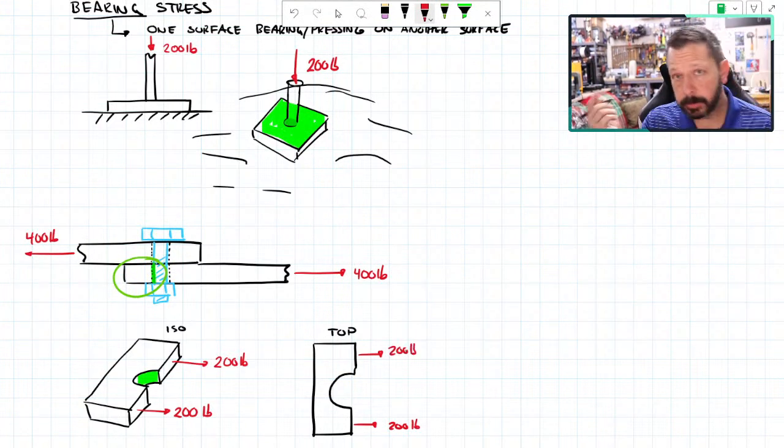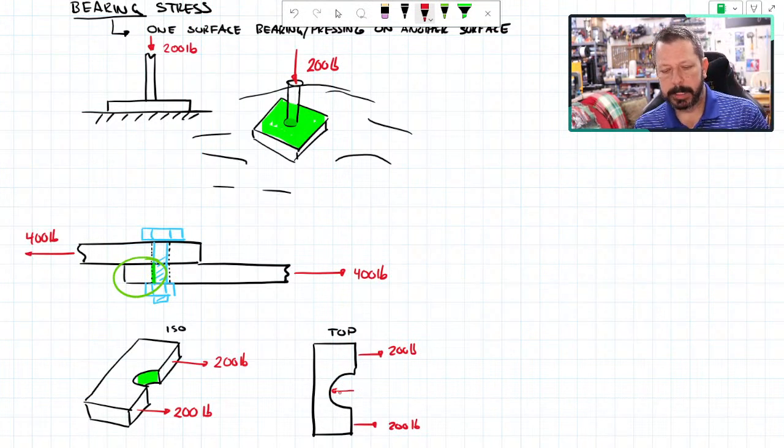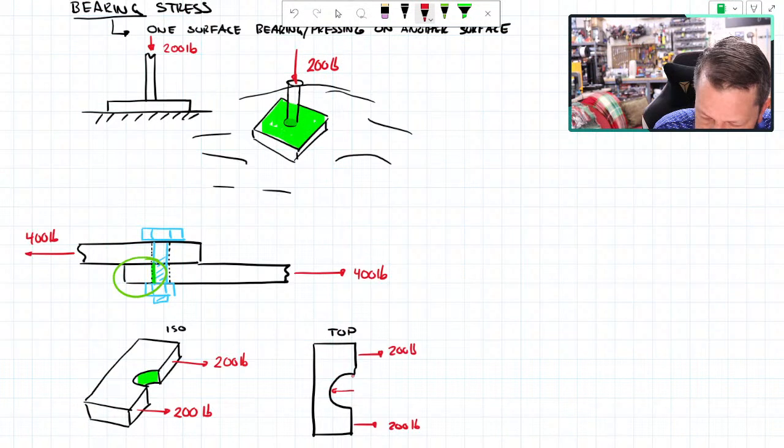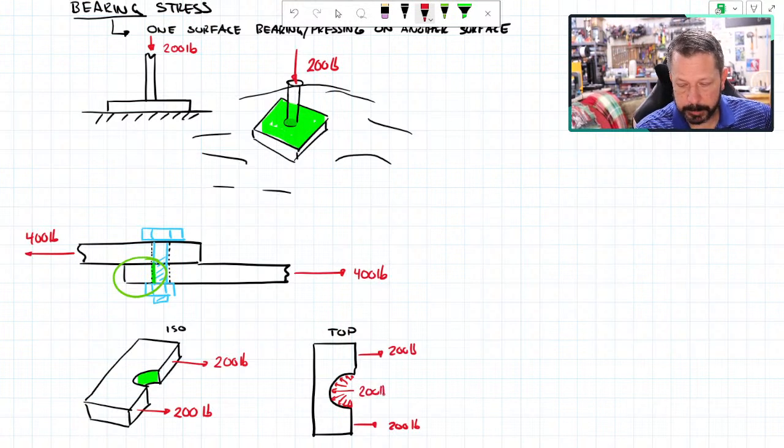And I have a total of 200 pounds pushing back here, but it doesn't all push right there. It kind of like there's a tiny bit here, a little more here, a little more here, a little more here, maximum in the middle, and then it fades out again. And so it's not evenly distributed on that. But the total of it is 200 pounds.